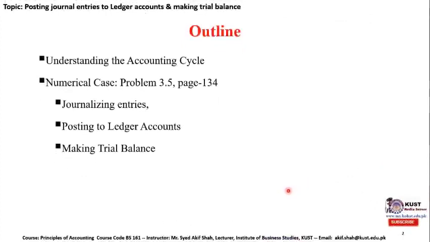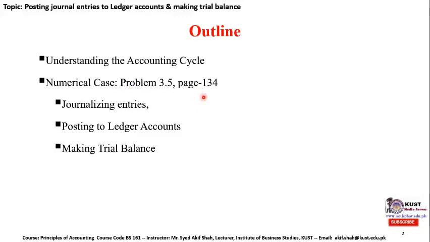The outline consists of understanding the accounting cycle with the help of an accounting problem or a numerical case. For this purpose, we have selected a numerical case from the recommended book, and it's problem number 3.5 on page 134.